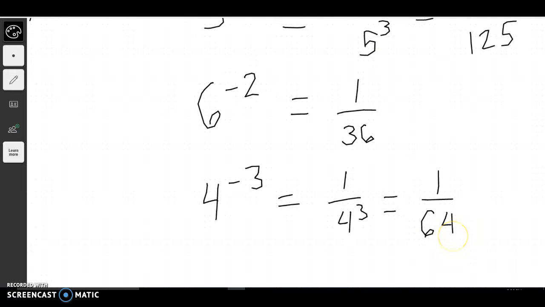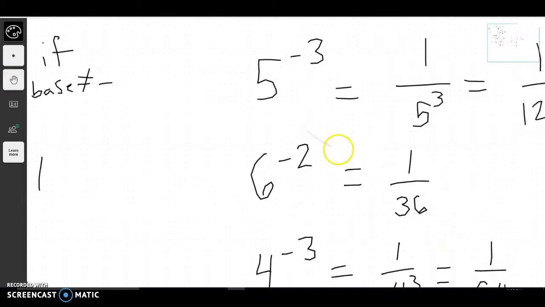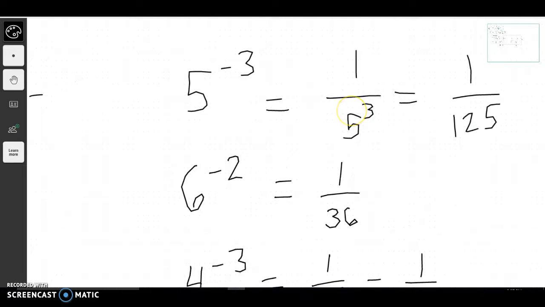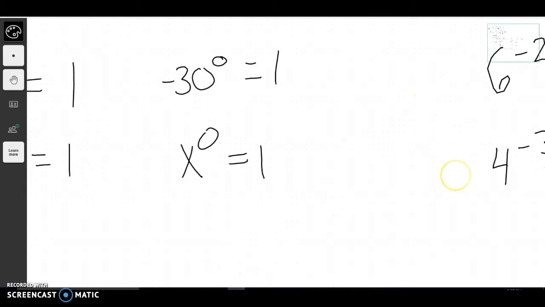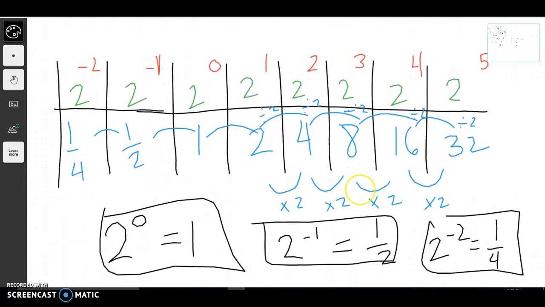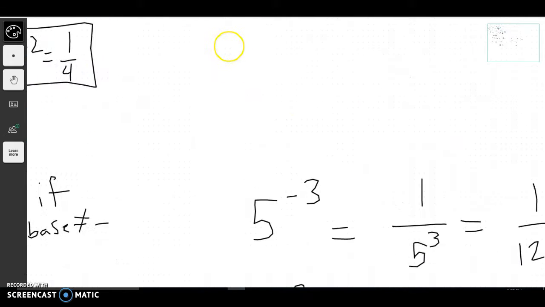Okay. So the easiest thing to remember: negative exponents repeatedly divide, so they will make the numbers smaller. Zero exponents always become 1 because of the pattern that happens right here. And that pattern would work for any base no matter which one you pick.